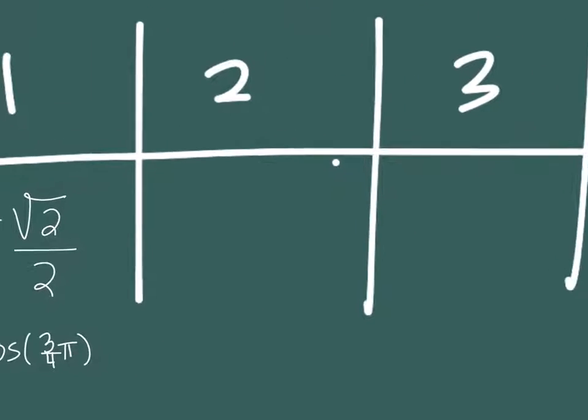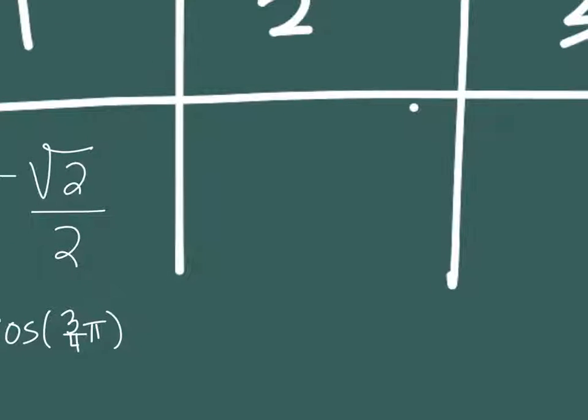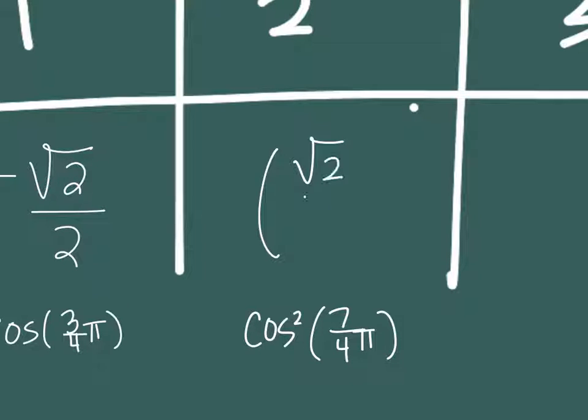All right, if I plug in 2, I will have the cosine squared of 7/4 pi, which is positive. Let's leave it like this so we're going to be able to see it better.